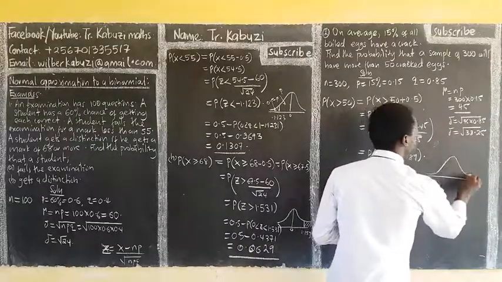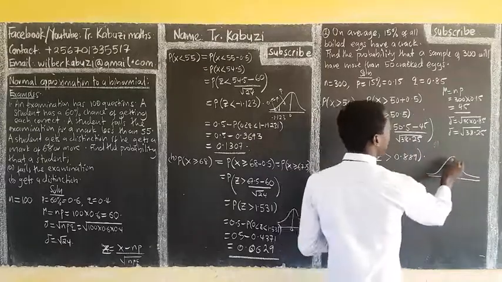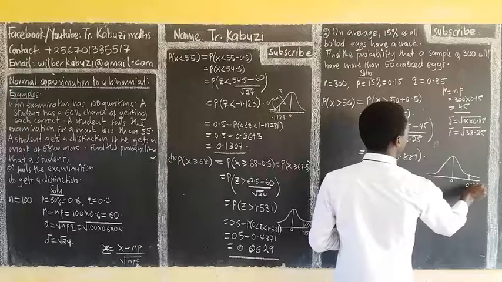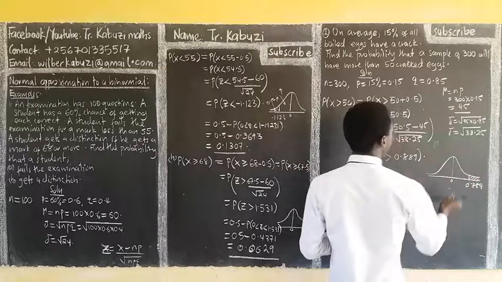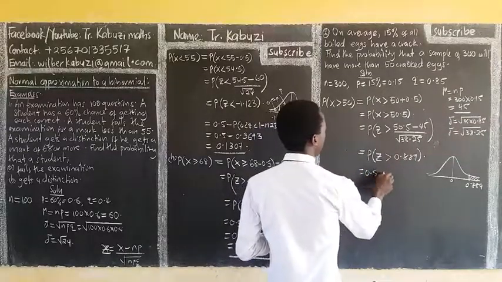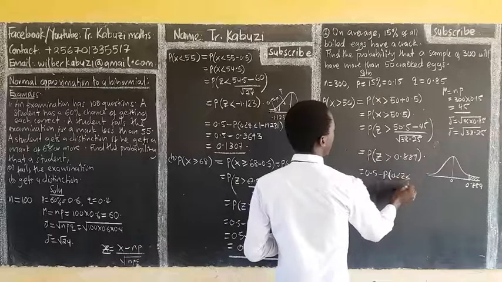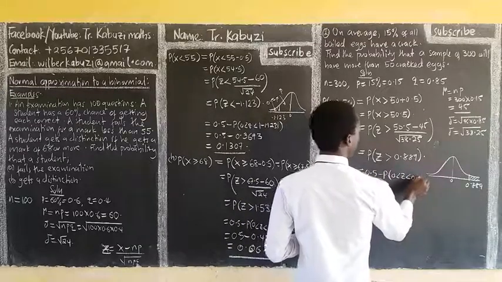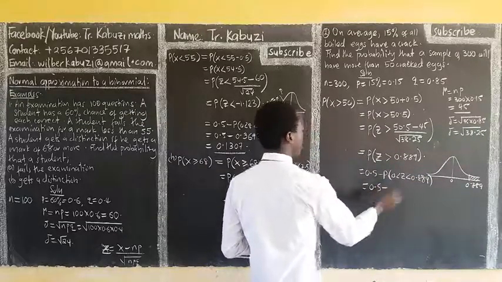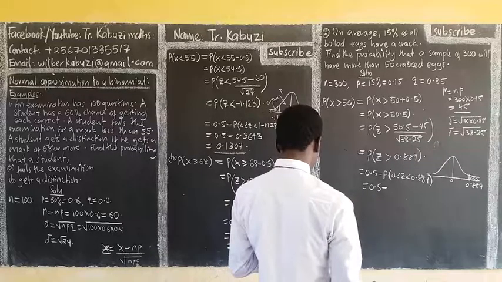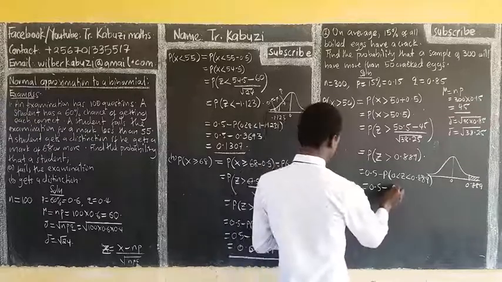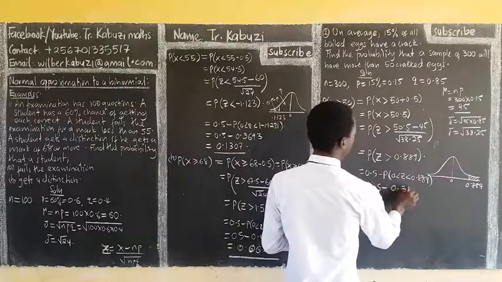Then after that, these are values of Z. We want the probability. My Z is positive, so it's going to be this side, 0.889. I want it above that, which is the same as 0.5 minus the probability of 0 less than Z less than 0.889, which will be 0.5 minus, when you read that probability from the table, 0.313.